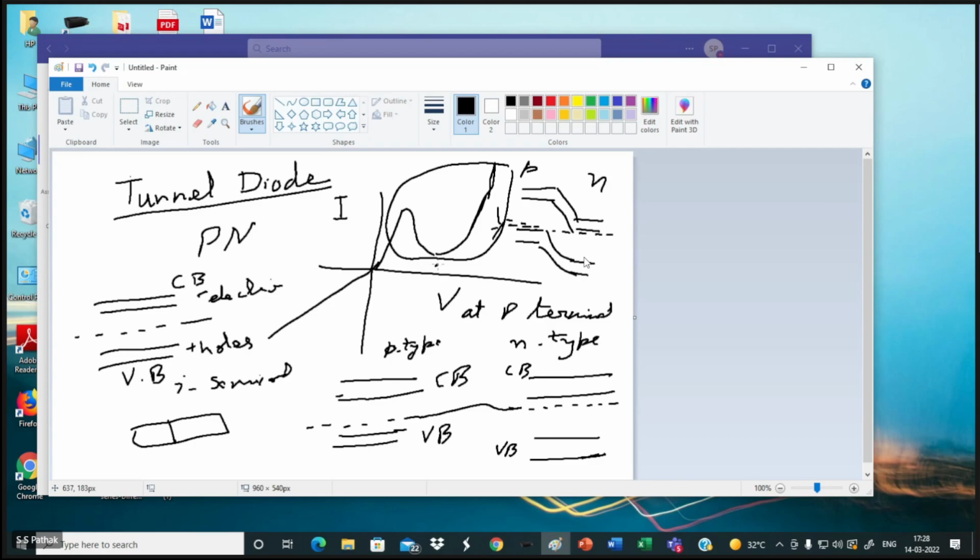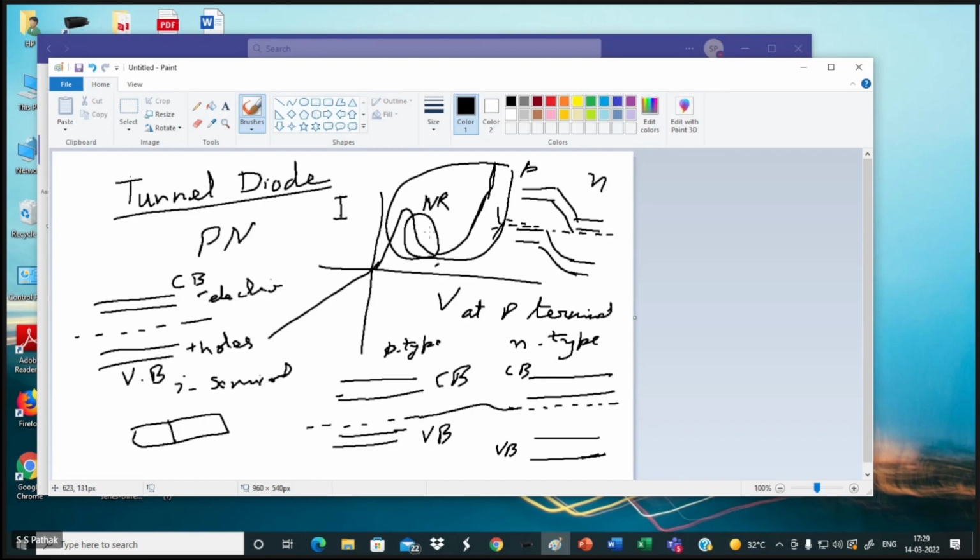But this is giving negative resistance. This is your negative resistance region, NR region. Delta V is positive as V is increasing, divided by delta I, which is negative because I is decreasing. So it becomes negative.